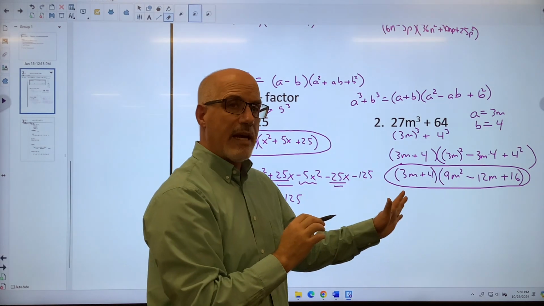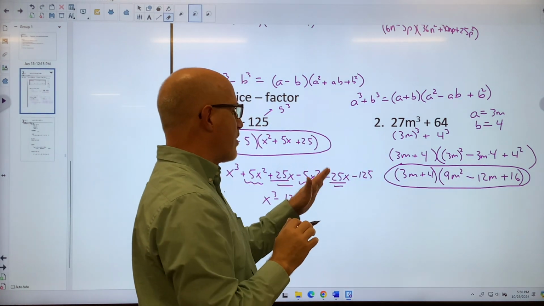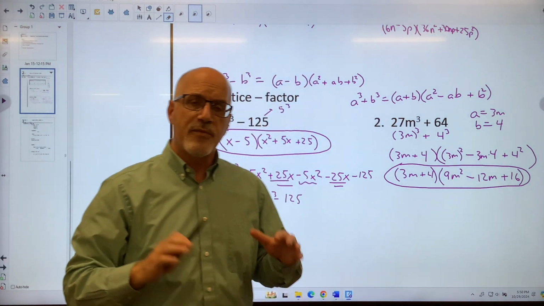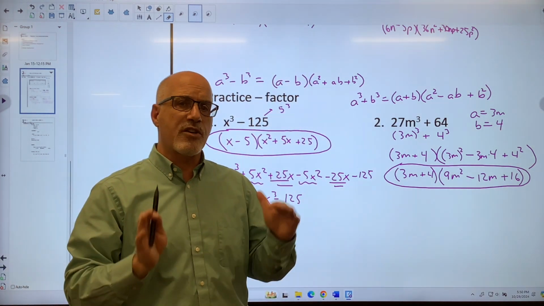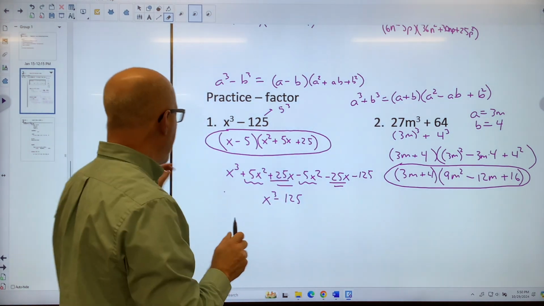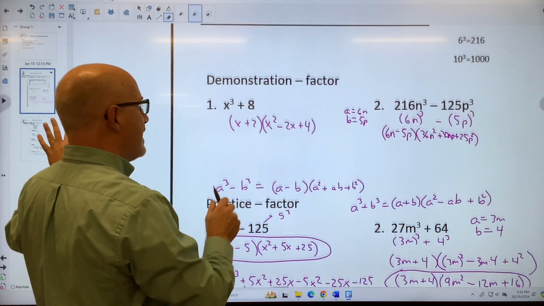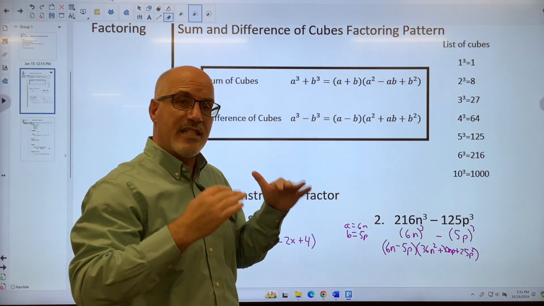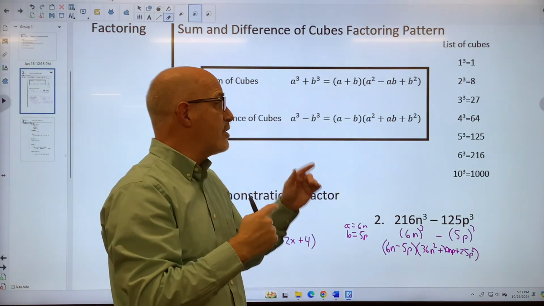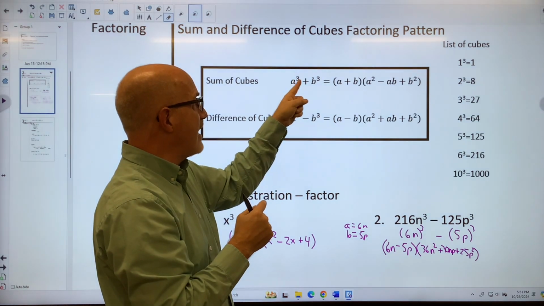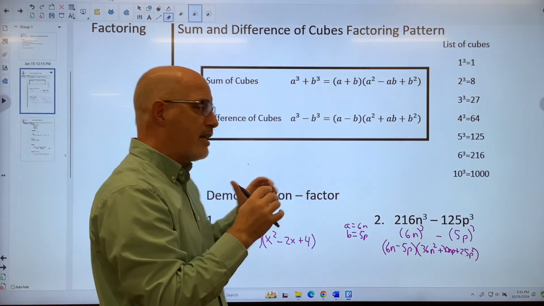Now I'm not going to multiply it out because our directions were to factor. This was just to confirm that this pattern actually works. So our objective was to be able to factor sum and difference of cubes. We've got a pattern that we can use. These two patterns will be the template for doing each one of these when we recognize that we've got a sum or a difference and the a and the b, or those terms, are being cubed.